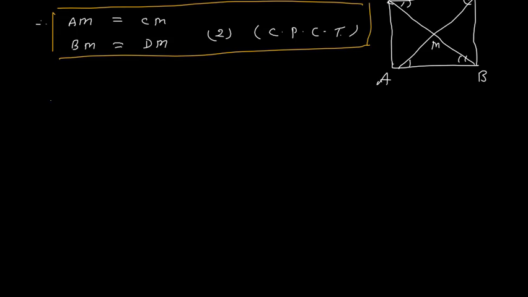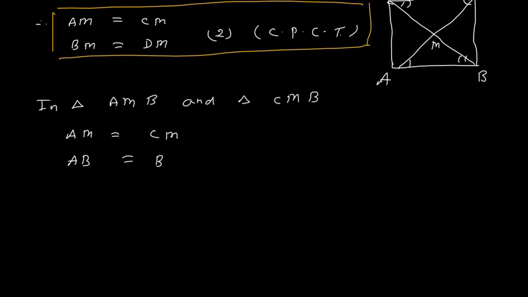So now I will say in triangle AMB and triangle CMB, here AM is equal to CM, and AB is equal to CB. This is from equation number 2.